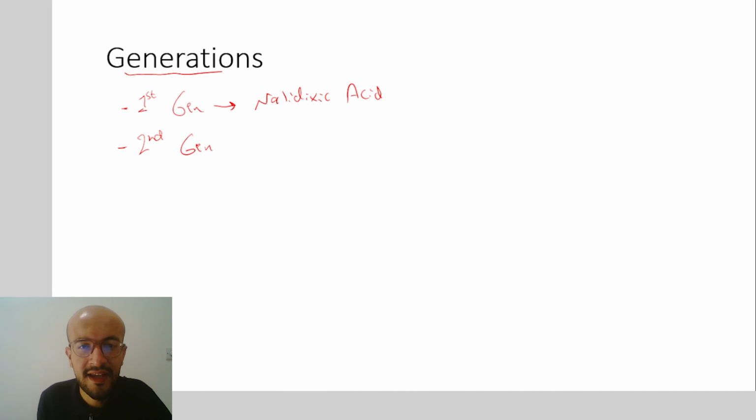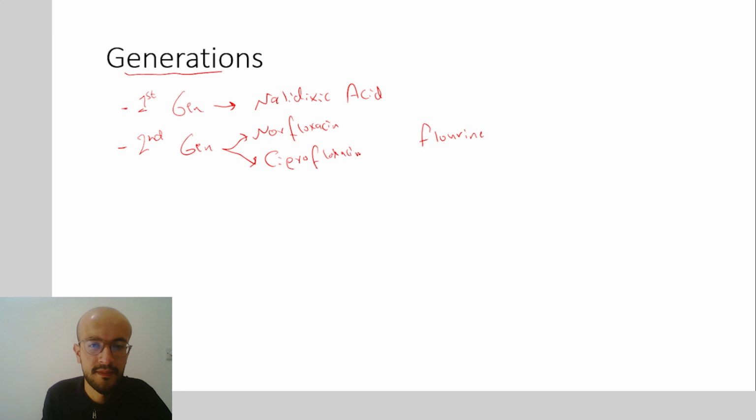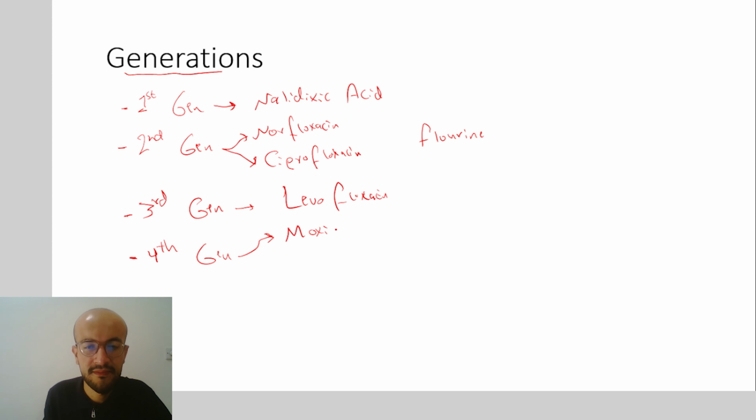We get the second generation after adding a fluorine atom into the structure of the first generation, in the form of norfloxacin and ciprofloxacin. Then the third generation arose in the form of levofloxacin, and after that we have the fourth generation in the form of moxifloxacin and gemifloxacin.